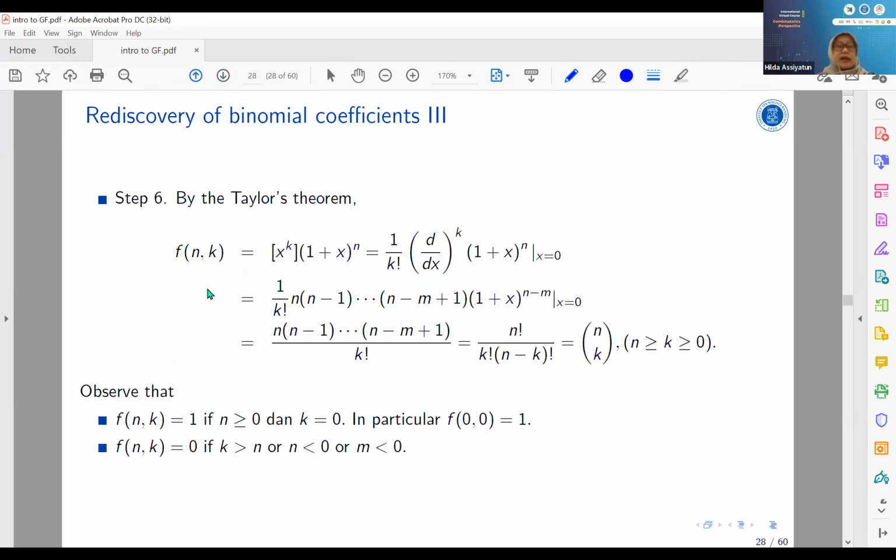To get this sequence, we will use Taylor's theorem.